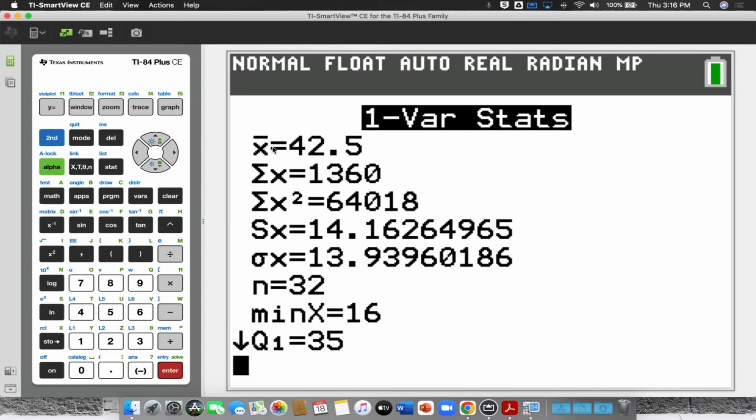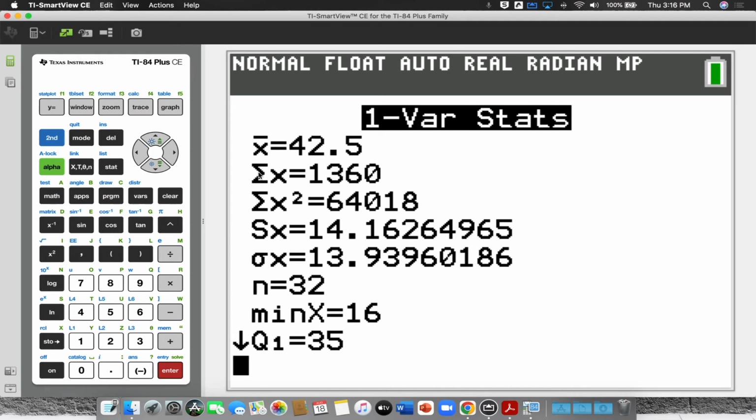The number right below it is a Greek letter. Does anyone know what Greek letter the second one is, right below x bar? It's called sigma. What does sigma do in math? Anytime you see that in math, what does it mean you're going to do?